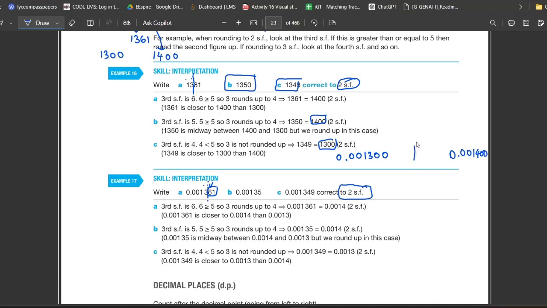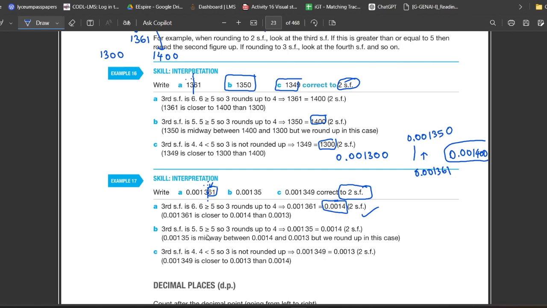In the middle we have 0.00135. So when we look at 0.00131, it's in here. So we have to take this one, that's 0.0014.